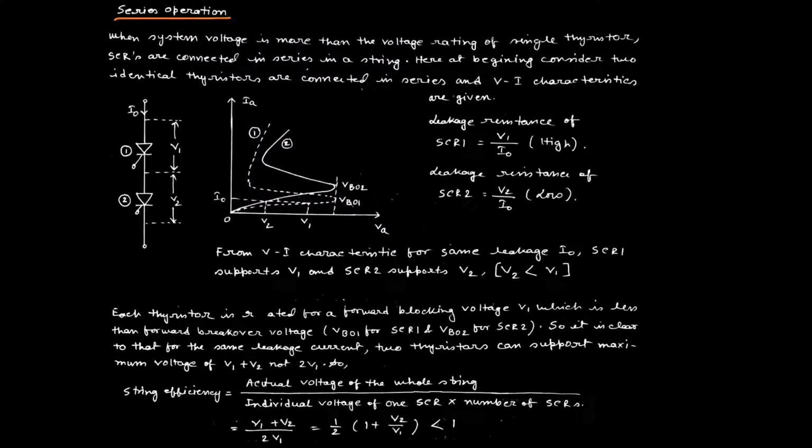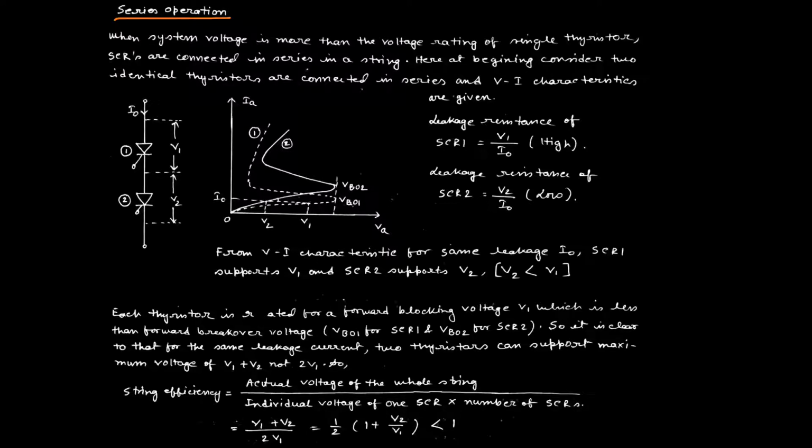So from these characteristics we can see that each thyristor is forward biased with a voltage, V1, which is less than the forward breakover voltage, VBO1 for SCR1 and VBO2 for SCR2. So it is clear that for the same leakage current I0, two thyristors can support a maximum voltage of V1 plus V2, not 2V1.